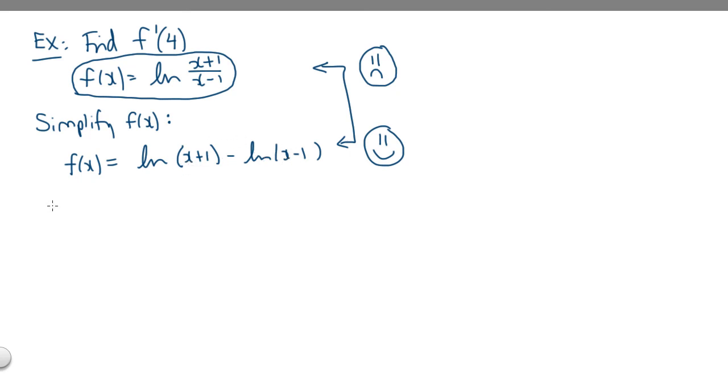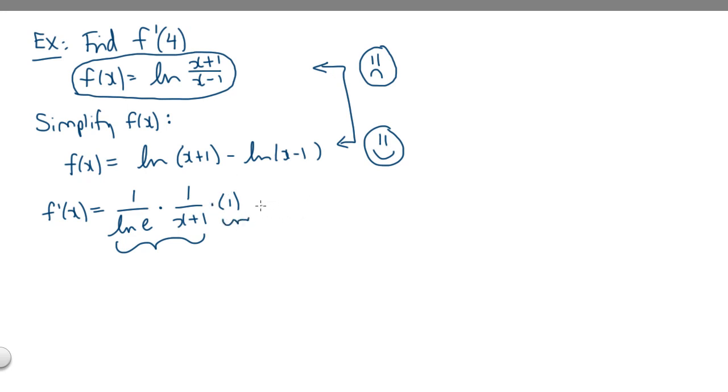So let's find f prime of x. We've got a ln function here, so that's log base e. Our derivative is going to look like 1 over ln e, which is just 1, times 1 over our inside function, times the derivative of our inside function. So this was really a chain rule here.